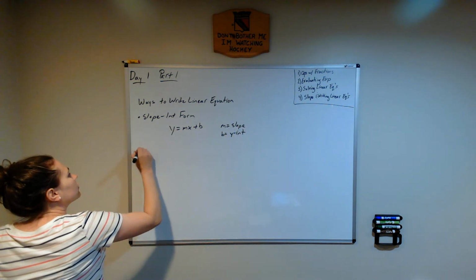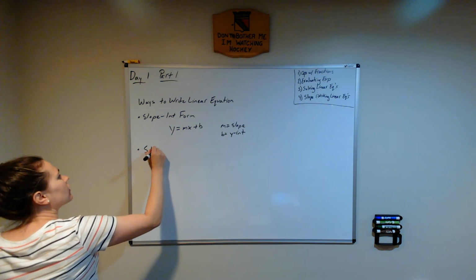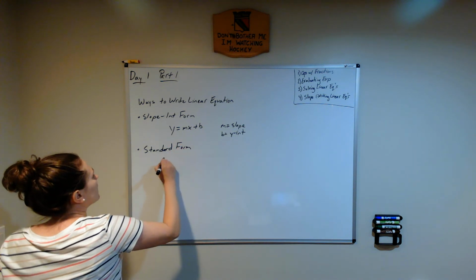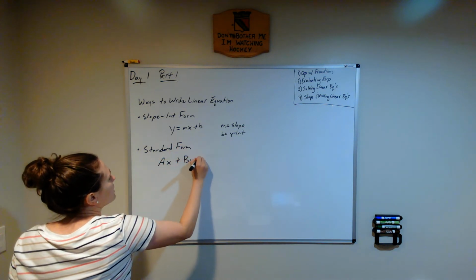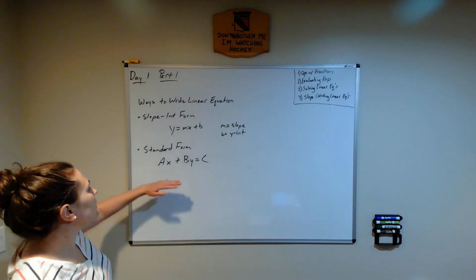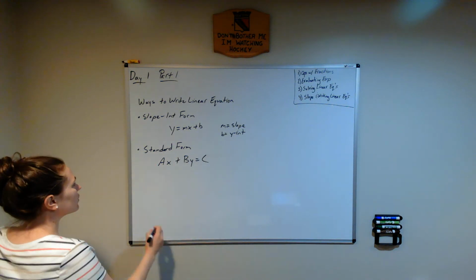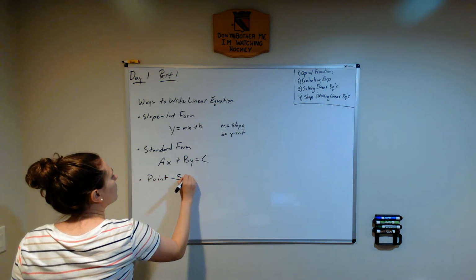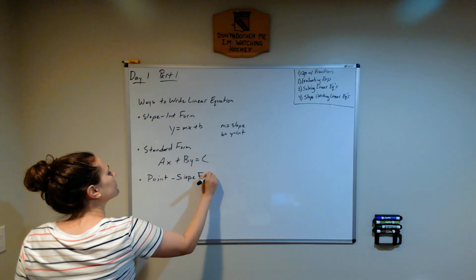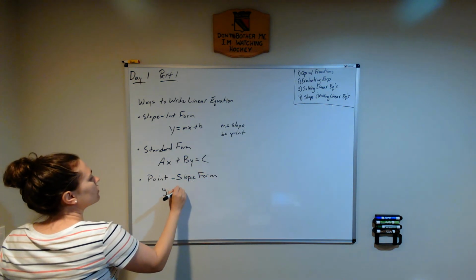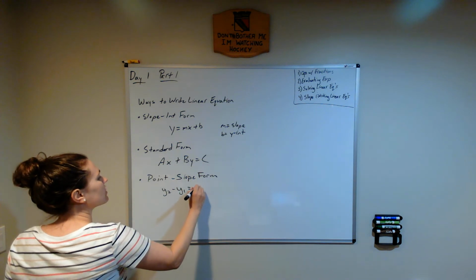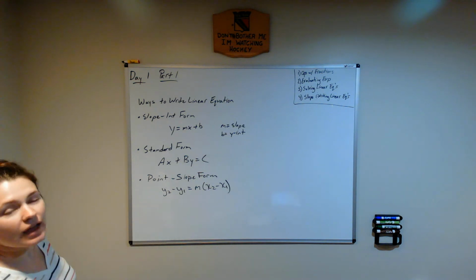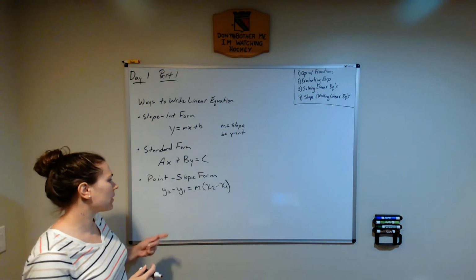Okay? You might also have seen in Algebra 1 the standard form of a line. That's ax plus by equals c. Okay? This helps you when you have your intercepts, finding your intercepts. And you also probably have seen point-slope form, which is y minus y1 equals m times x minus x1, which is actually a play on your slope formula.